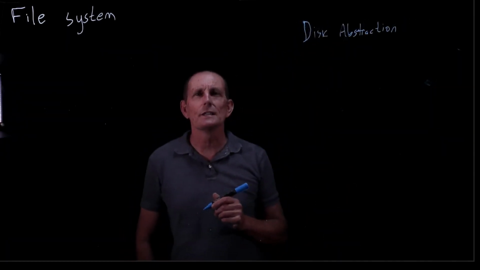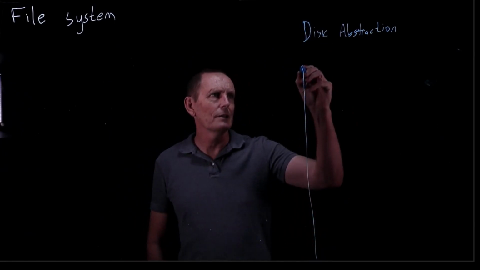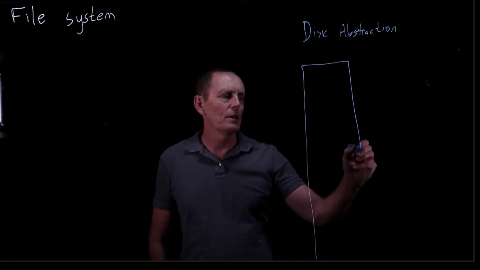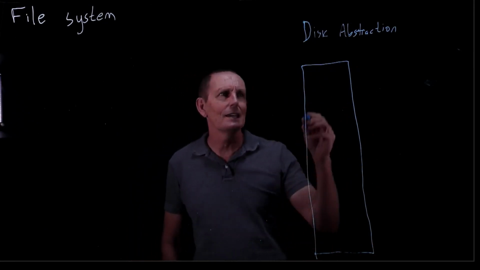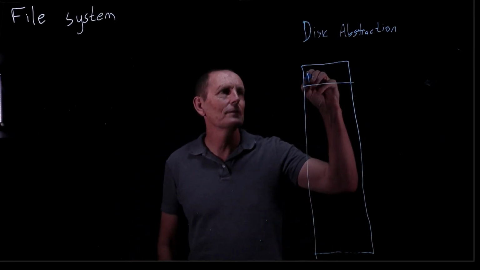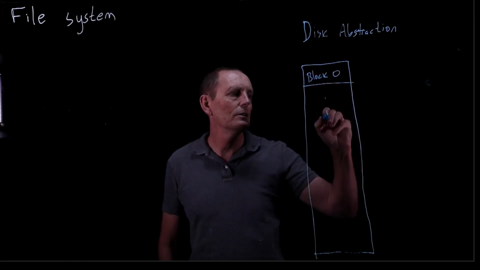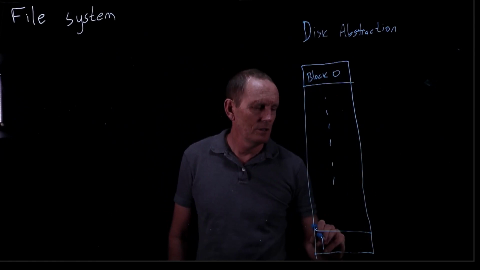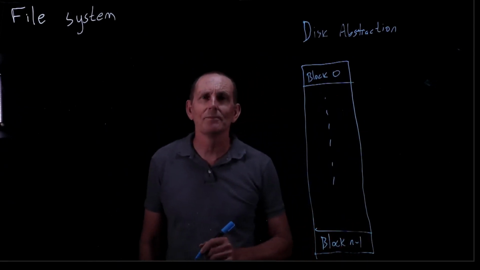So let's look at an abstraction of the disk. Basically, we can just view the disk, and we will, in a later lecture, come up with a better model. But for now, let's just look at it as a sequence of blocks. So from block 0 all the way to block n-1.